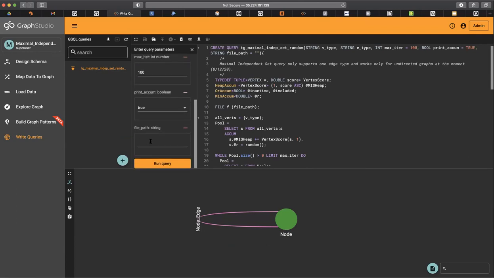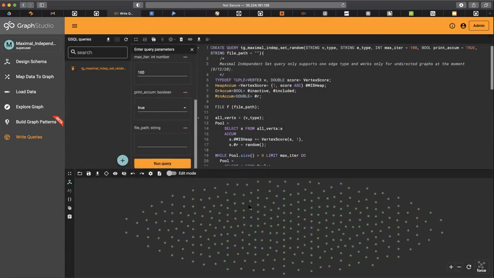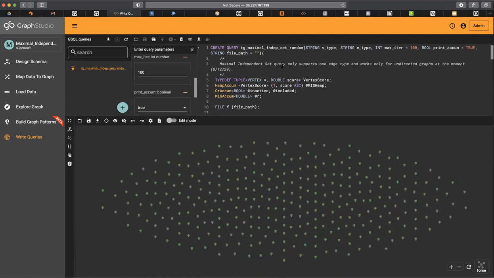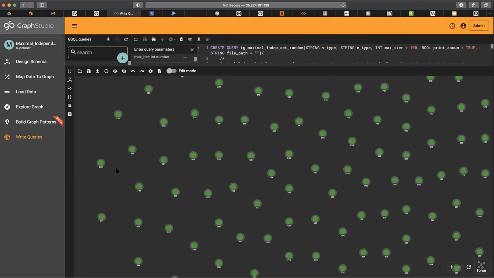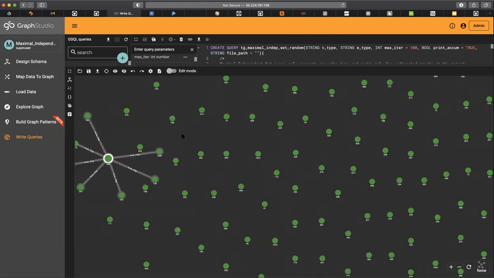I can choose to write this to file if I want, and the print accumulator will decide whether or not I want to print out the results. The reason I picked a particularly small graph is that I wanted to show you that I have all these vertices, and I can double click to expand them.